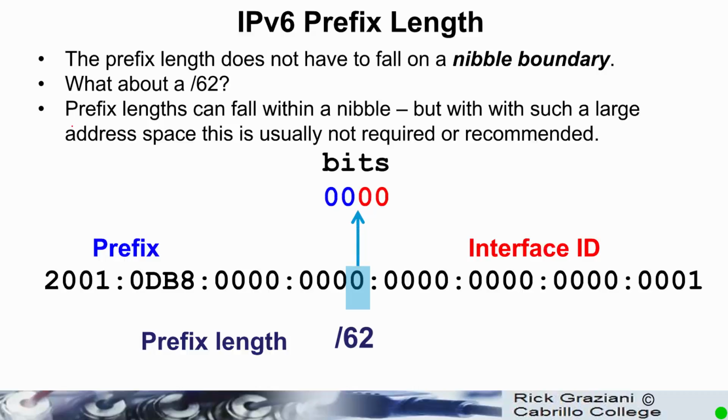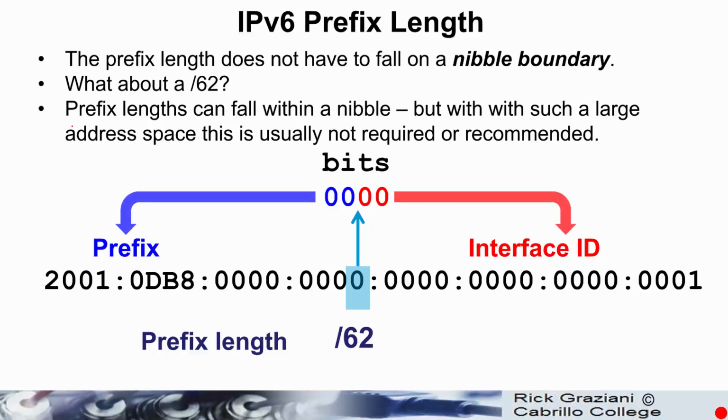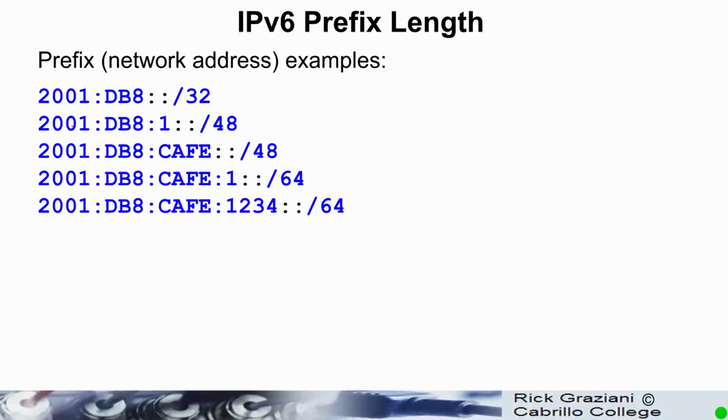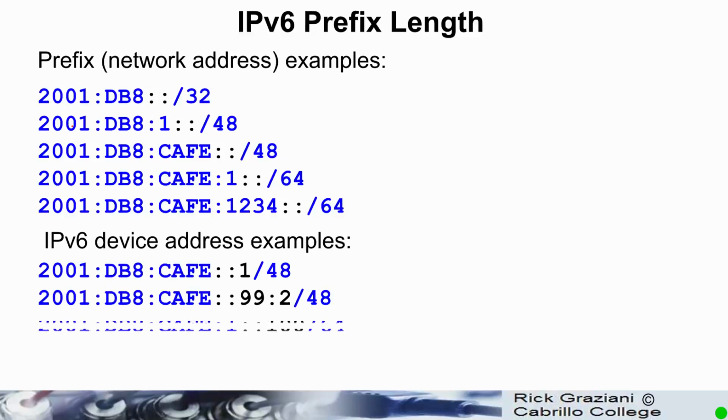You would have to use the first 2 bits. It's totally possible for a prefix and interface, but again, not the best way. So let's look at some prefix examples. Here are some device address examples.